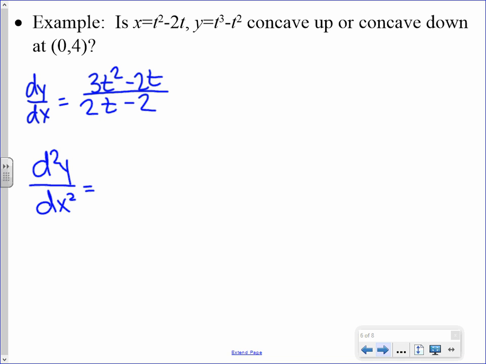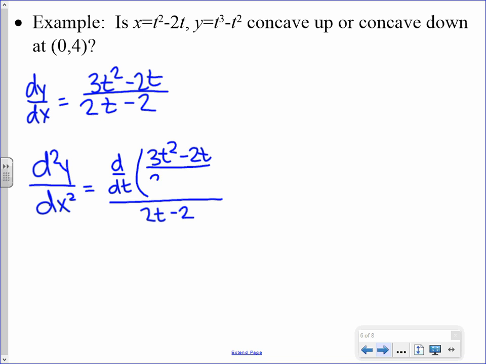So when we go to find the second derivative, we need to take the derivative of dy/dx with respect to t and then divide it by dx/dt. So for sure we have to divide by dx/dt. And our numerator is the derivative of this lovely quotient.